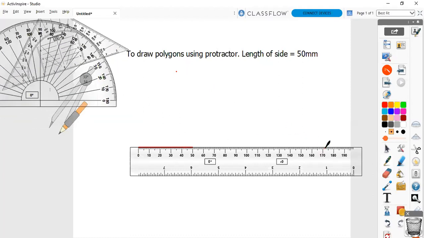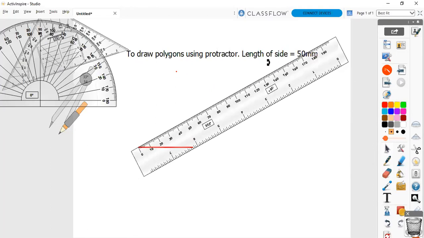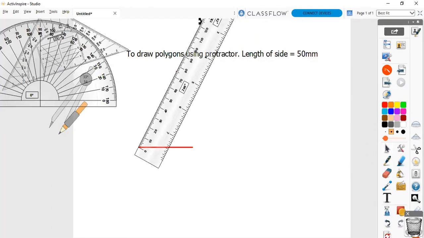Now you again use this ruler in such a way that you mark a 50 mm line and join this point.